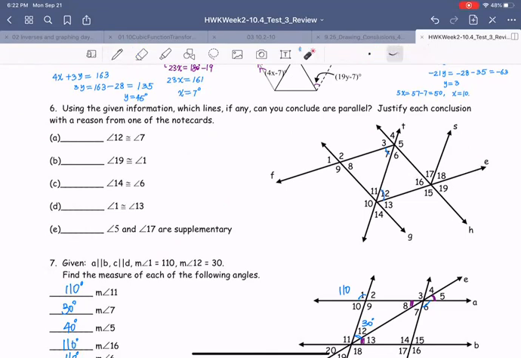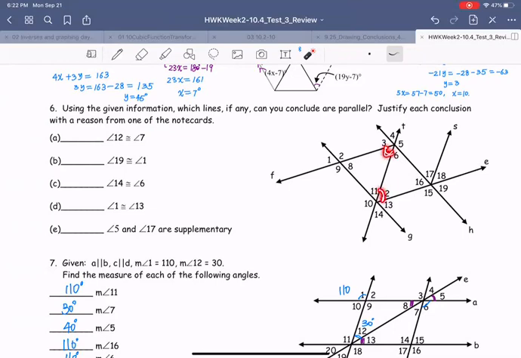Now let's look at number 6. This is corresponding to what you are learning right now. Use the given information. Which lines, if any, can you conclude are parallel? Justify each conclusion with a reason. If they say angle 12 equals angle 7, then who is parallel to whom?